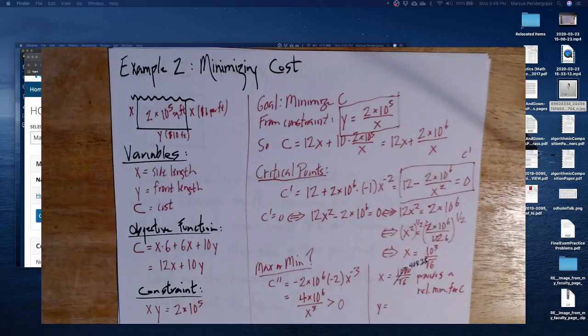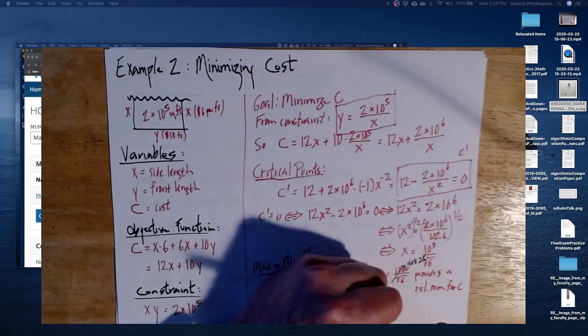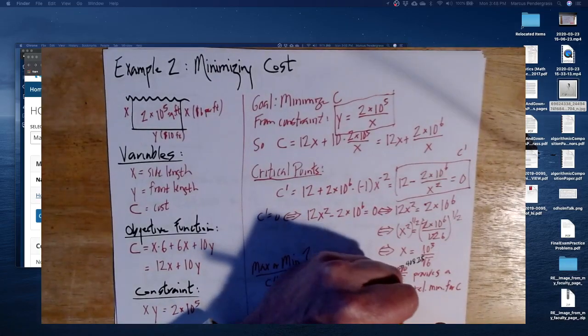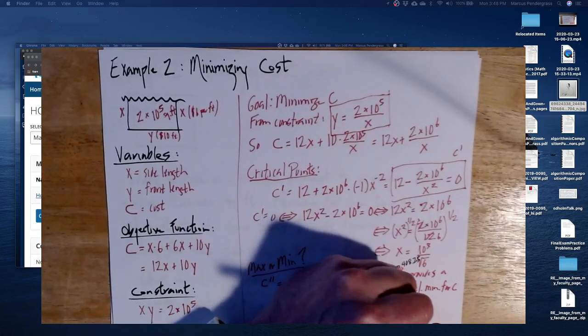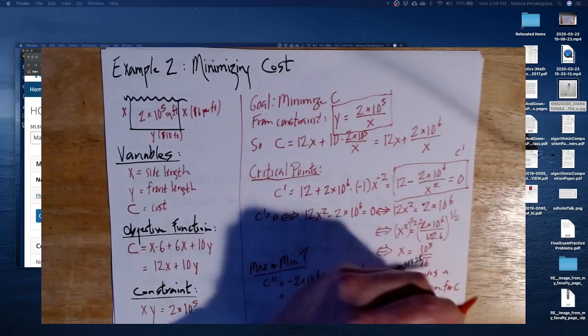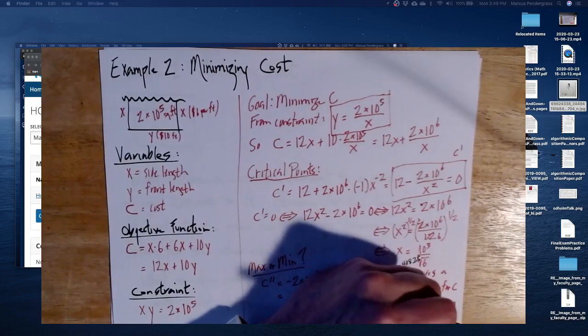And so if I plug that in, actually I already worked that out a little bit. It turns out that Y is going to be, so I'm leaving out a little bit of work here, but it turns out to be 2 times radical 6 times 10 squared, and that turns out to be 489.90.